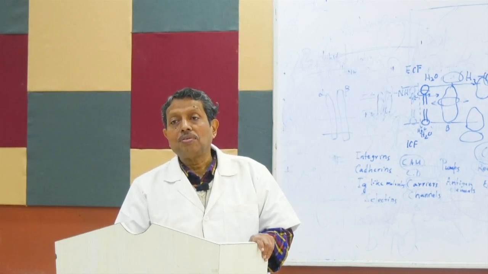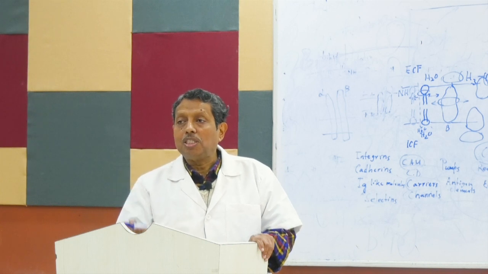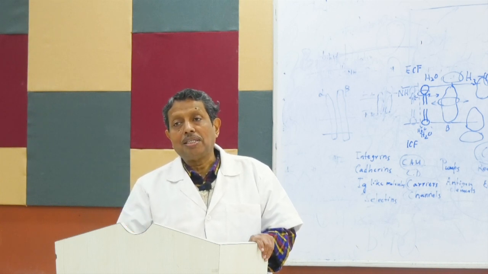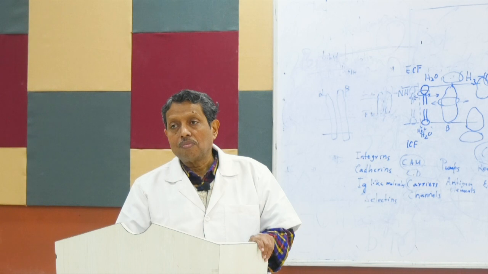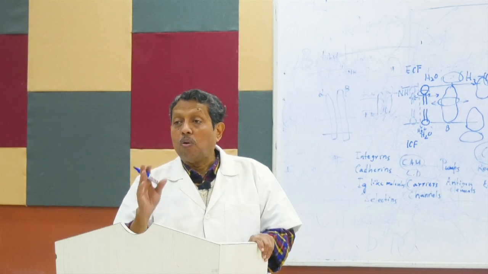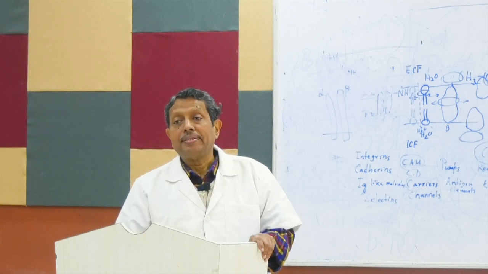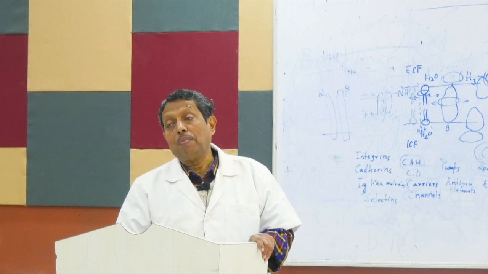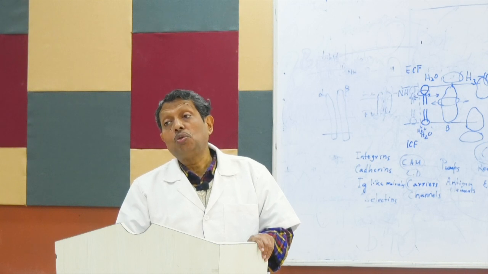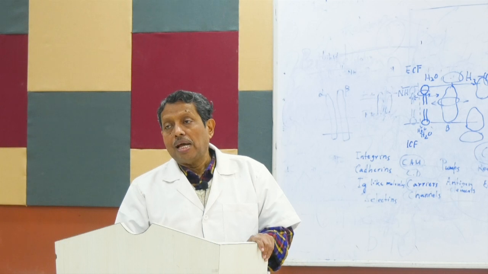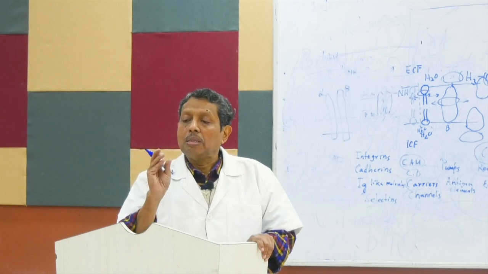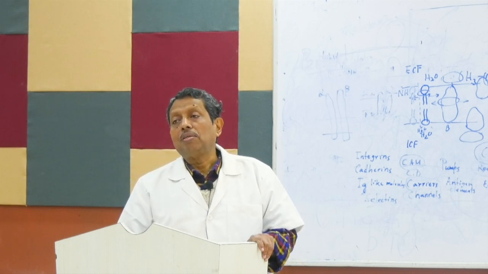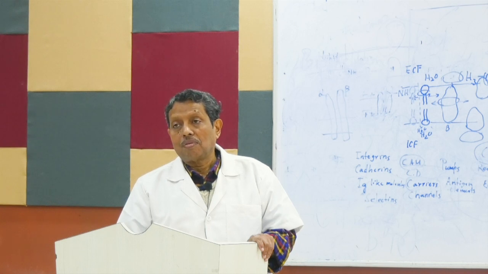There will be hydroxylation, and some clipping, where the signal peptide is clipped, and they are folded. Disulfide bridges are formed, and carbohydrate moieties are attached, mostly in the endoplasmic reticulum. This properly shaped molecule then comes into action.